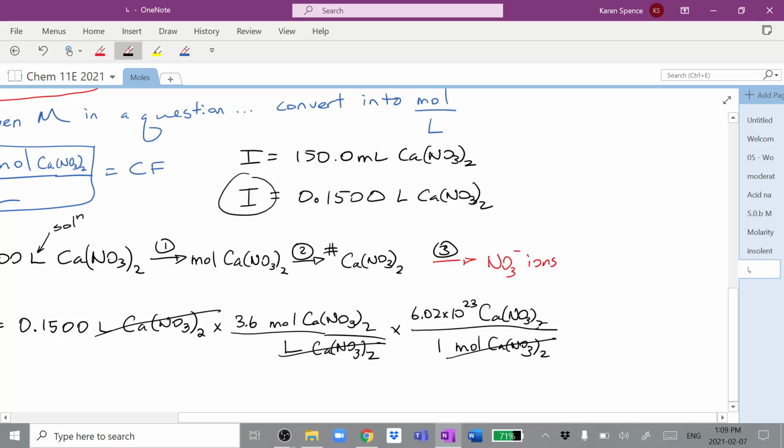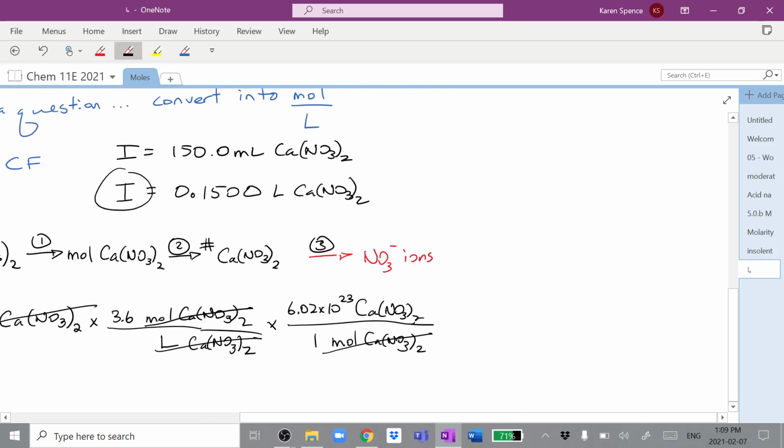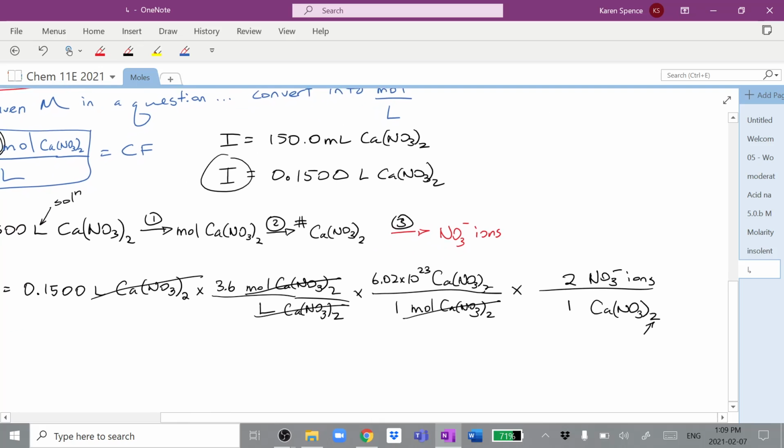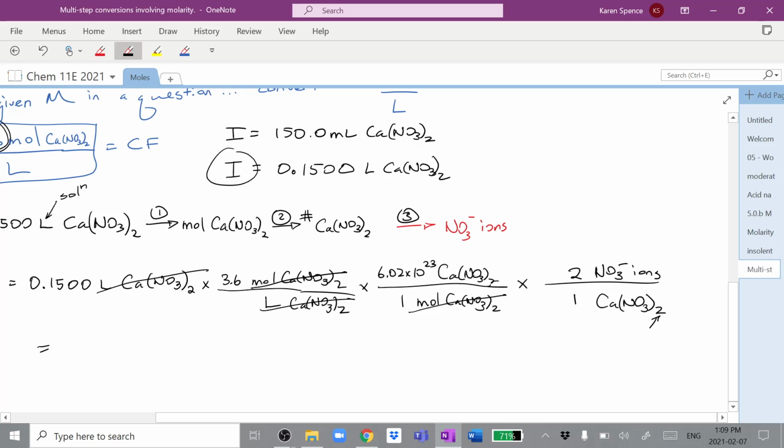Moles of calcium nitrate cancel out. And finally, we need to find the number of nitrate ions per calcium nitrate particle. How many are there? Oh gosh, that's easy. There's 2.